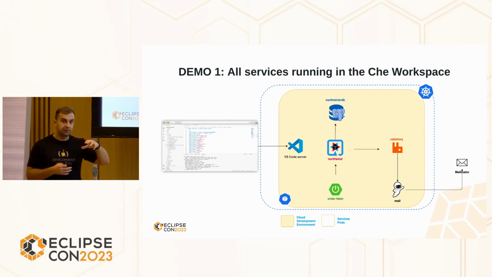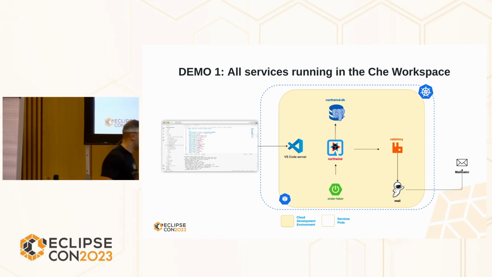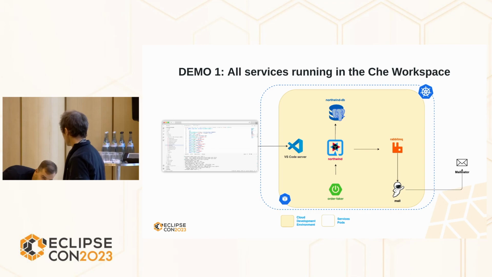So there would be multiple containers, but one single pod. For the sake of clarity, and since we don't have a lot of time, we are just going to focus on Quarkus and the database. And let me just open GitHub, and we can start.